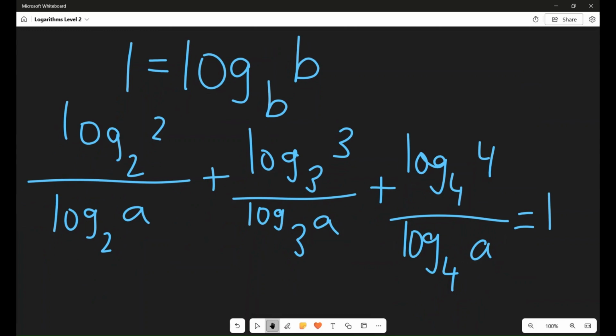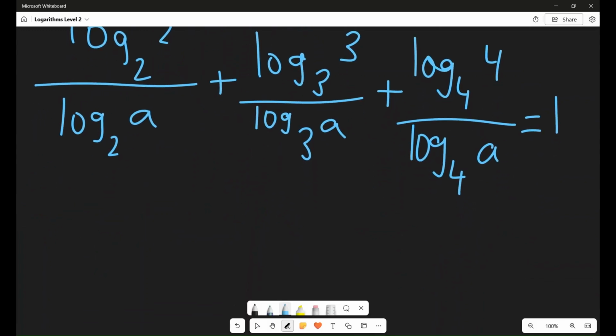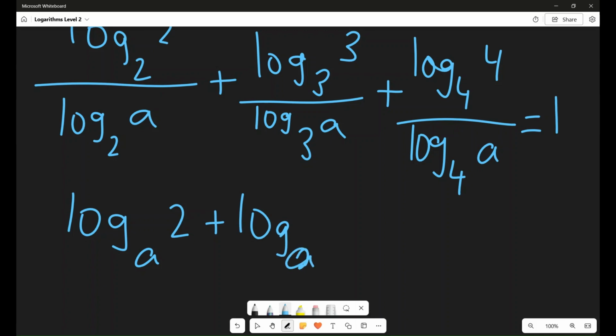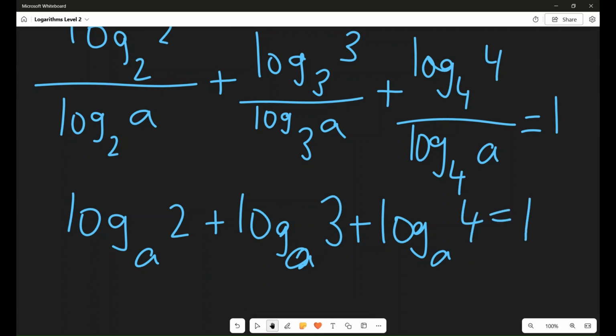Now we see that the numerator and the denominator have the same base, and we can use the property that we identified in the first video. When we do that, we have log base a of 2 plus log base a of 3 plus log base a of 4 is equal to 1.